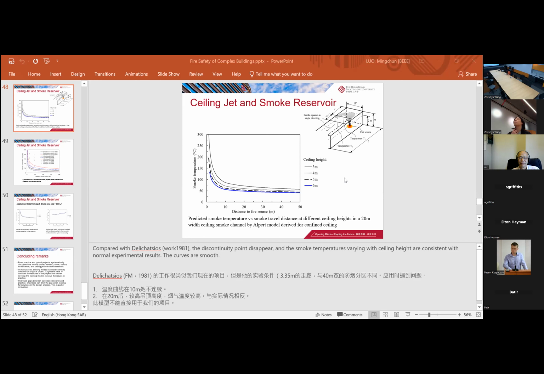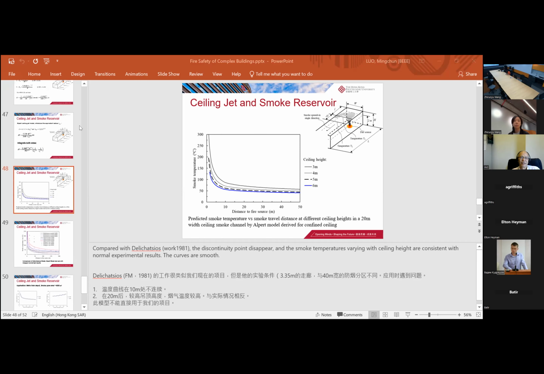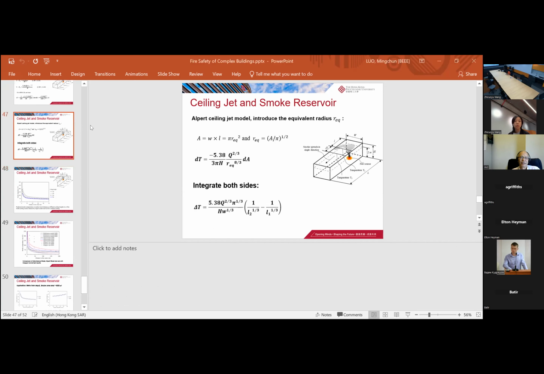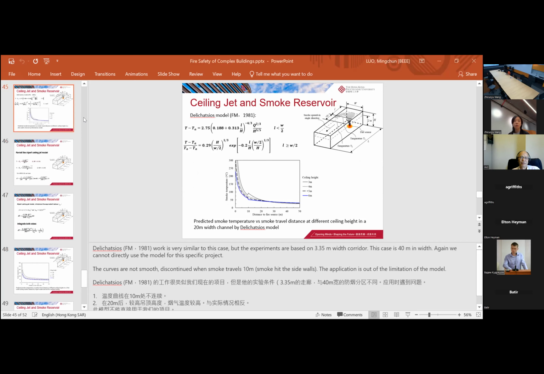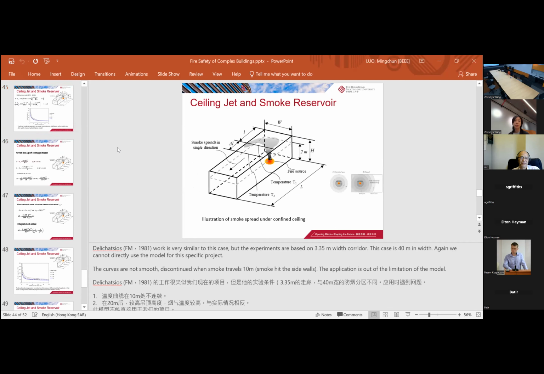But when we discuss the ceiling jet and smoke, like the Hasemi localized fire, it always gives us a clear definition or limitation of which kind of building or compartment you can apply it to. I think there is also a mathematical problem when we try to apply these theoretical models to very modern projects with a very high atrium and a large space.